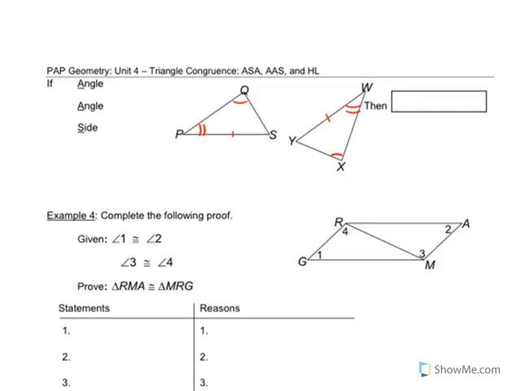Okay, so on this next example, if I say if angle Q is congruent to angle X, and if angle P is congruent with angle W, and side PS is congruent with side WY, then we can say, let's see what we've got.